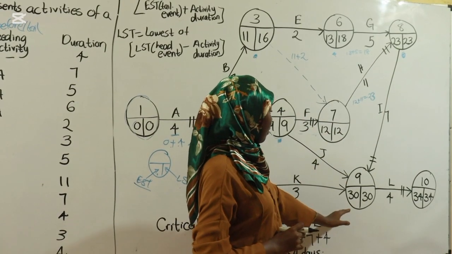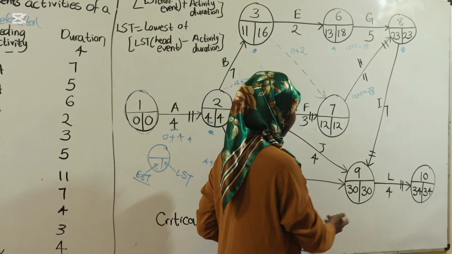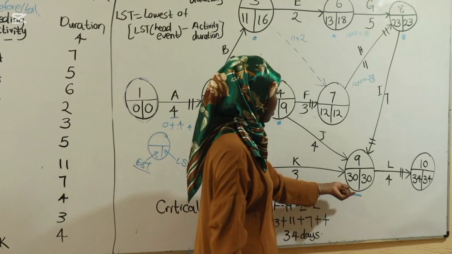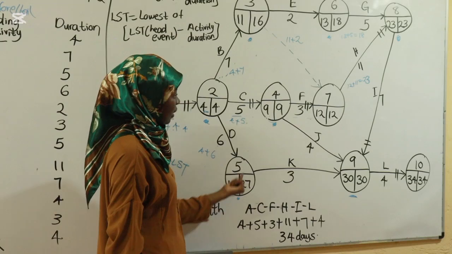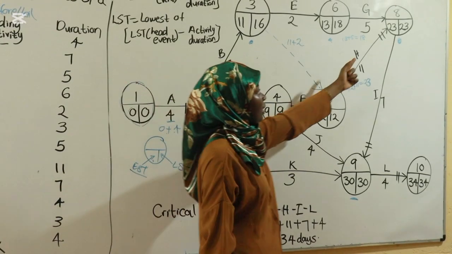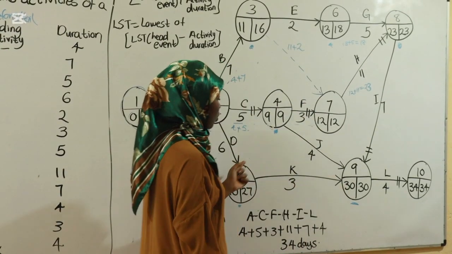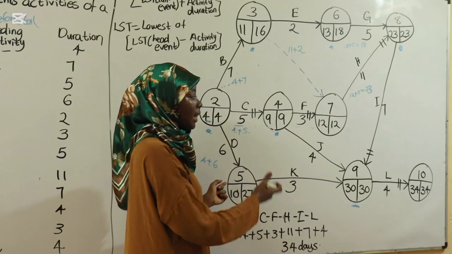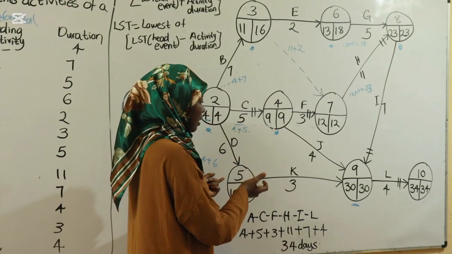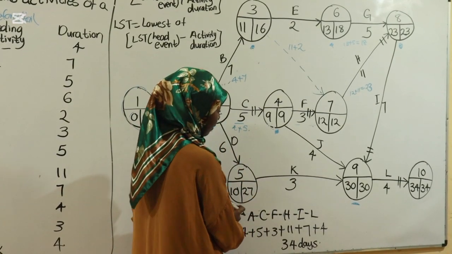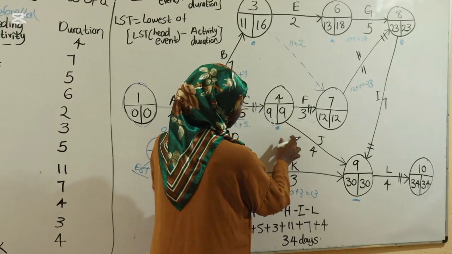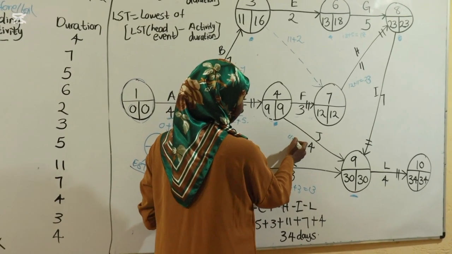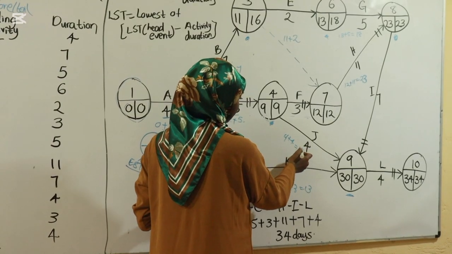The same thing happens when you're standing here, because how many tail events does this node have? It has 1, 2, and 3. All those are tail events. So you calculate for all 3, and then you look at which is the greater. When this is the tail event, it's 10 plus 3, which is 13. When this is the tail event, it's 9 plus 4, which is 13.